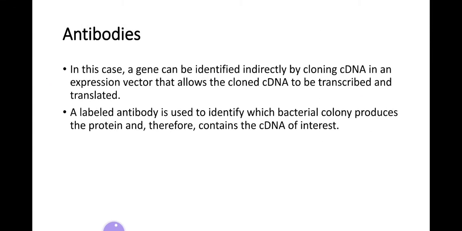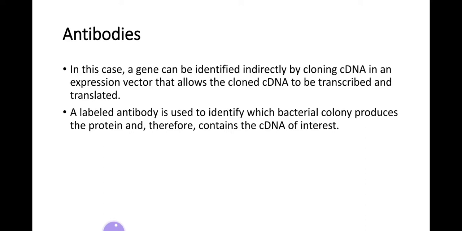Antibodies. If we don't know the sequence of the DNA, and we also don't have any information about the amino acid sequence, we will clone the cDNA in an expression vector and allow the cloned cDNA to be transcribed and translated. Now we have the protein, and from this protein we will get the antibodies.